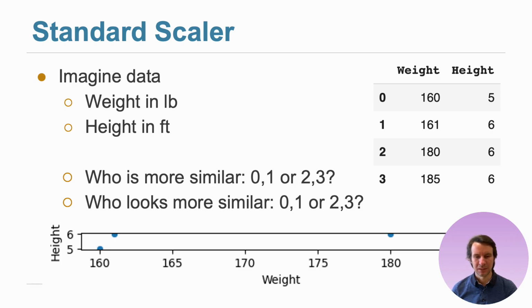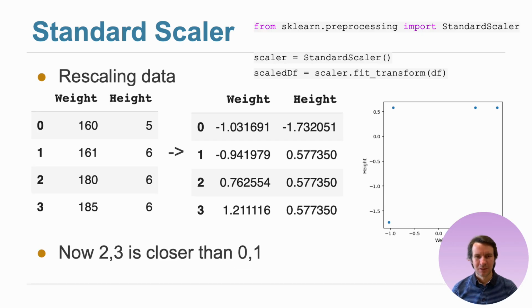So, and for that one can use standard scaler. Here is a standard scaler where if you have the data, you fit the data and transform it with it, and suddenly if you look at the data points, the 2 and 3 are much closer than 1 and 2.